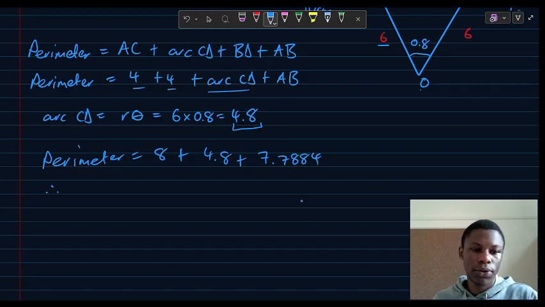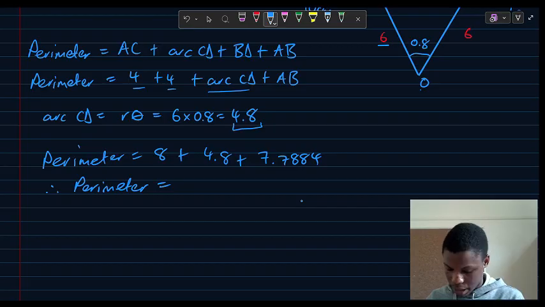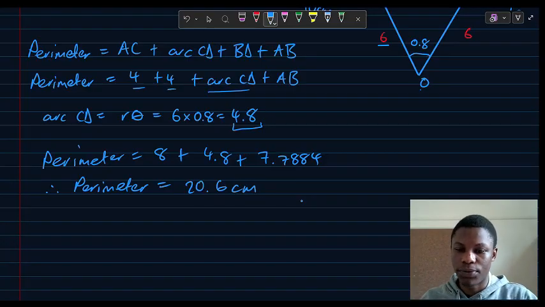So therefore, our perimeter has to be equal to 8 plus 4.8 plus 7.7884. That's 20.6 to 3 significant figures, and units are centimeters. That would be our final answer for the perimeter.